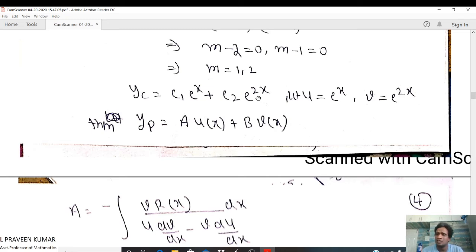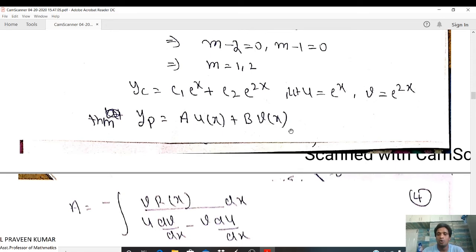It's a random choice. It doesn't affect the final answer. Even though here I am assuming u is equal to e power x, if you assume u is equal to e power 2x, you get the same answer. Okay, so yp will be a into u of x plus b into v of x. Now our aim is to find a and b values.